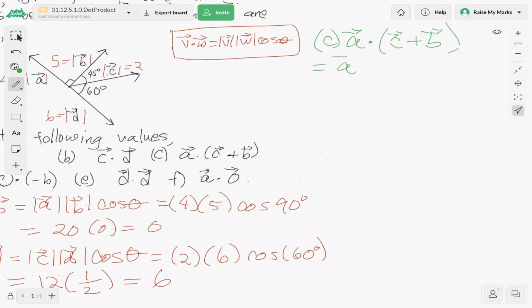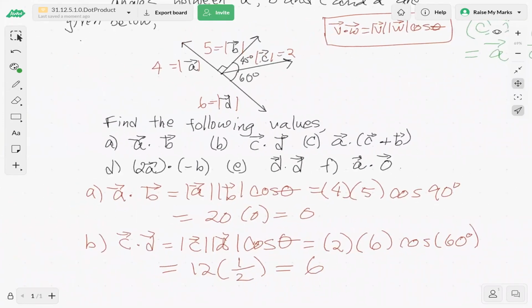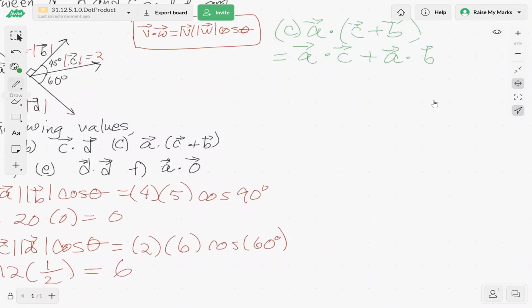We're going to use properties of the dot product. The dot product of A with C plus B is the same as the dot product of A and C plus the dot product of A and B. We found the dot product of A and B, and that was 0. So now we just need the dot product of A and C. Do we have that? No.